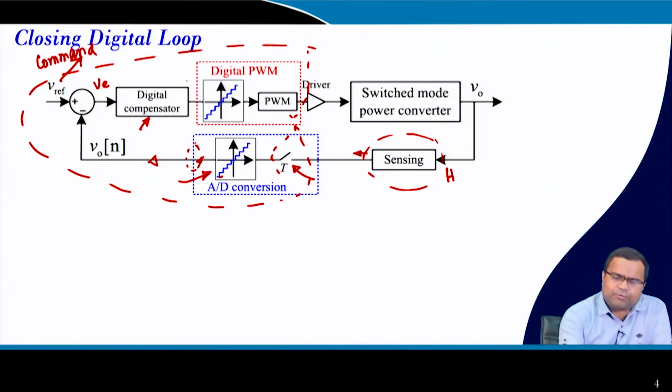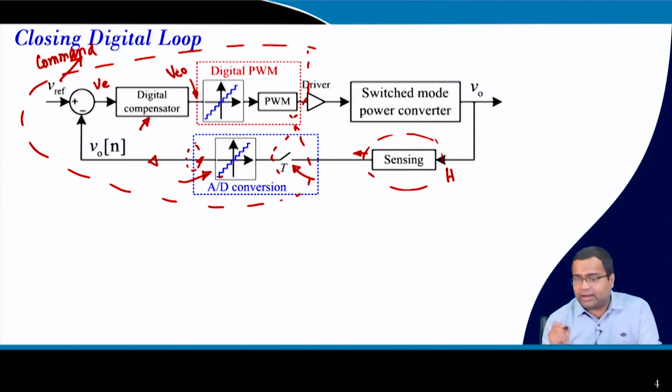But the compensator output voltage, we call it the control voltage, and in analog control it is typically compared to a sawtooth waveform.